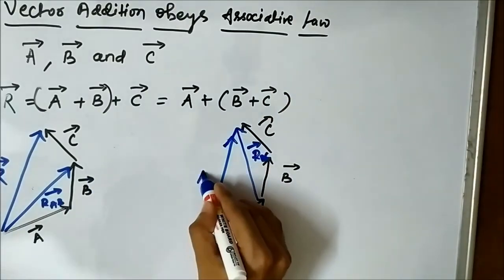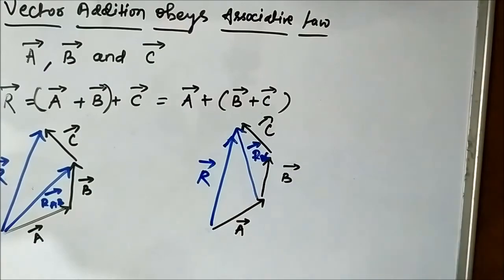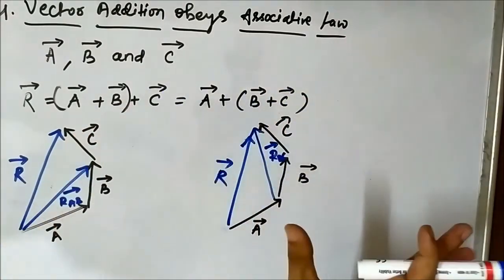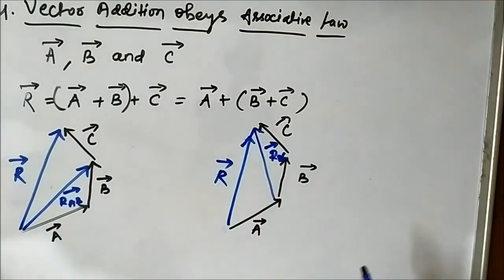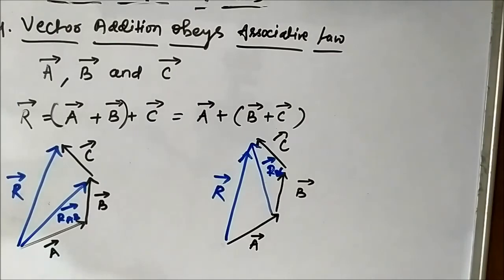Which is the same, we will get the same r vector, the resultant will be the same. So this is what the associative law states. No matter in which way we add the three vectors, we will get the same net resultant r. So this is the associative law of vector addition.